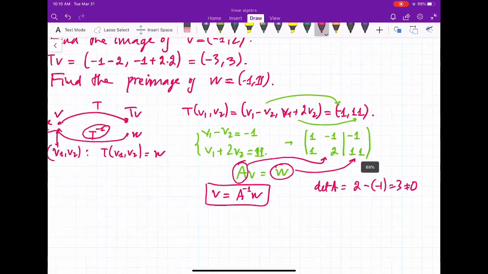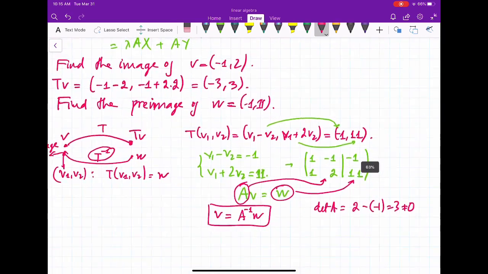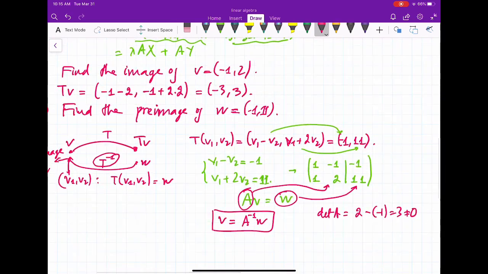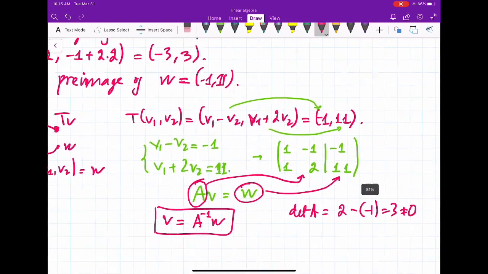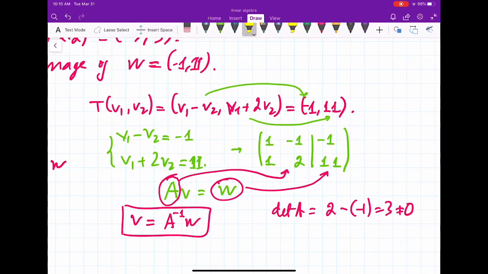Look at this. Look at the matrix A and the map T. The coefficients of the matrix are 1, negative 1. They are the coefficients of the first coordinate right here, 1 and negative 1. This is 1, this is negative 1, right? The second row of the matrix A is 1 and 2. They are right here, 1 and 2.